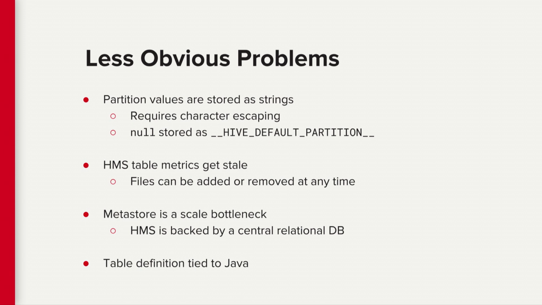Also, Hive metrics from the Hive Metastore can get stale because users can just drop files into directories at any time. So there's no reason to trust Hive metrics, and that's why database engines like Presto say, do you want me to trust Hive metrics or do you want me to ignore Hive metrics? Ignoring Hive metrics always gives you the correct answer.